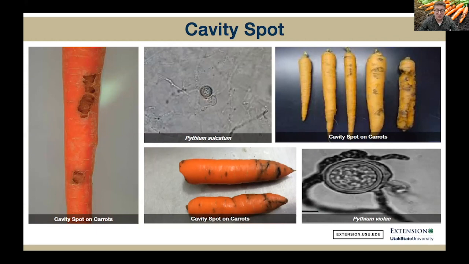Both of these Pythium species occur during times of cool and wet weather, and they thrive in moist soils, ideally around 6.8 pH. And like the other Pythium species we talked about, it overwinters as the oospore in the soil. When that soil warms up in the springtime, that's when it becomes active and can form the zoospores in the free water and cause new infection.